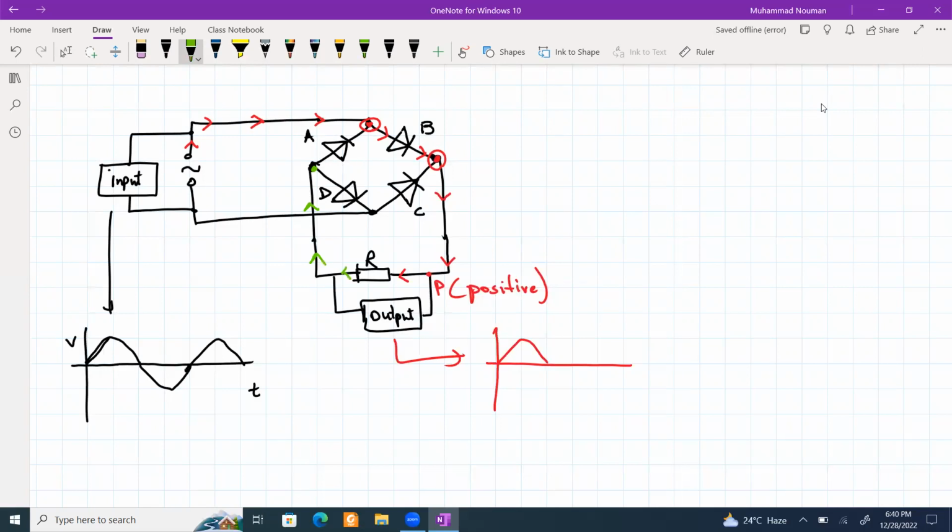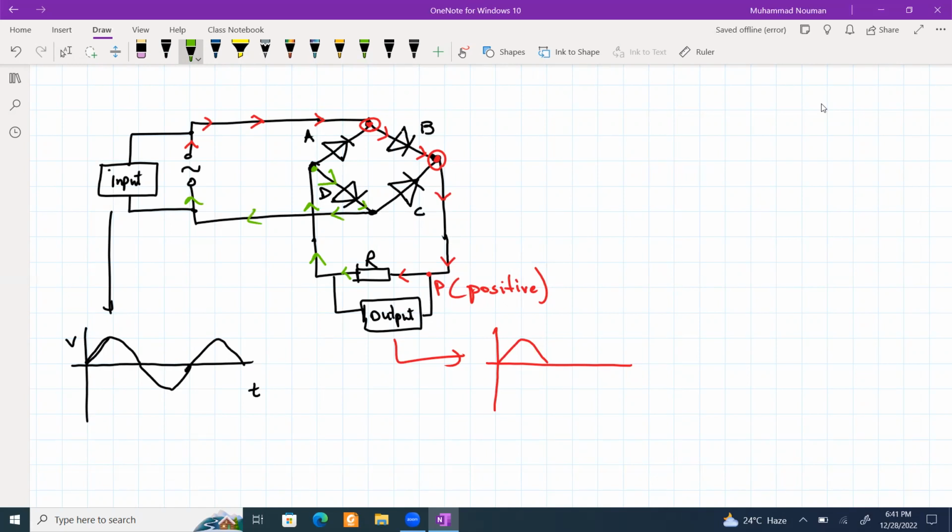And now once it reaches this junction, both the diodes, in this case A and D, will start behaving like forward biased, but still the current will not be flowing through both the diodes. It will only go through one of the diodes, and that diode is going to be D only, going this way, and will complete the circuit.